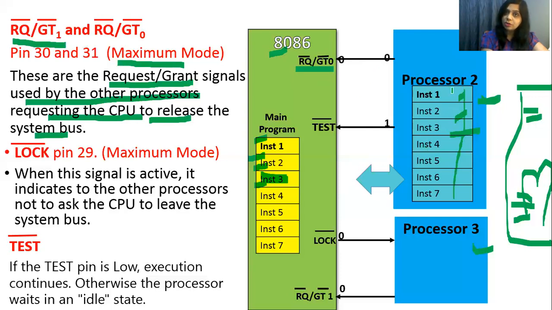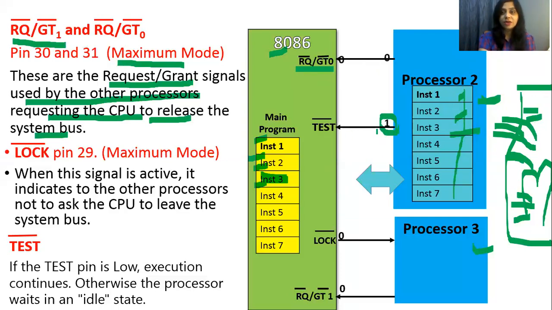Then what will processor 2 do? Processor 2 will take the control of these buses and will start fetching instructions from the memory and will execute the instruction. As long as processor 2 is executing the instructions, fetching the instructions from the memory and executing them, it will keep this test bar pin at logic 1.